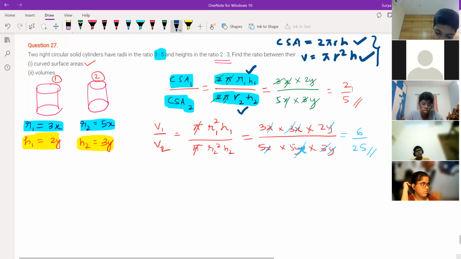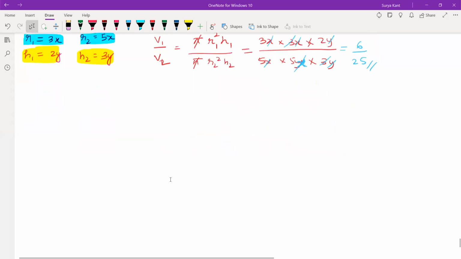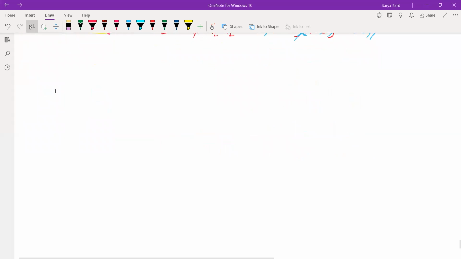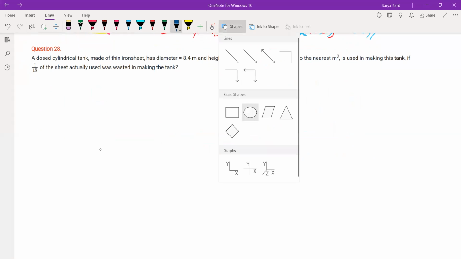Next is question number 28. 28 is a bit lengthy question. See, this is the question. A closed cylindrical tank made of iron sheet has a diameter.